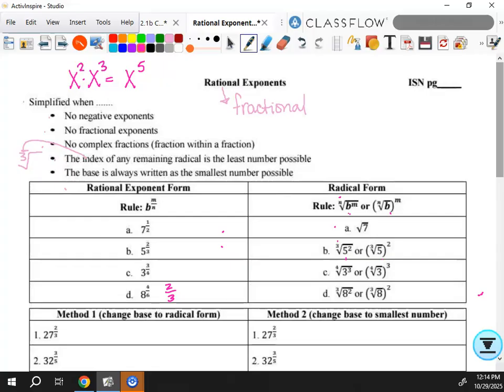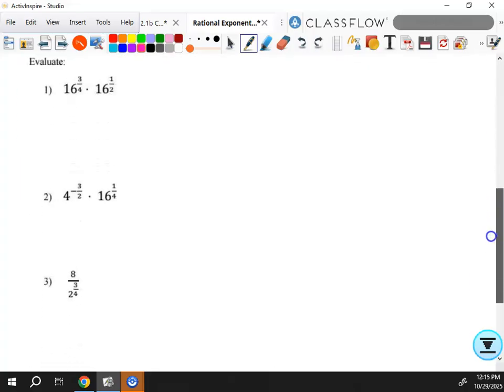So when we are right here, we have 16 to the 3/4 power times 16 to the 1/2 power. I have the same base, so I'm going to keep the base and I add the exponents. 3/4 plus 1/2. Okay, that makes sense? Now, I'm going to come off to the side because I think I know some of you could do it all in there, but I think that confuses some people.